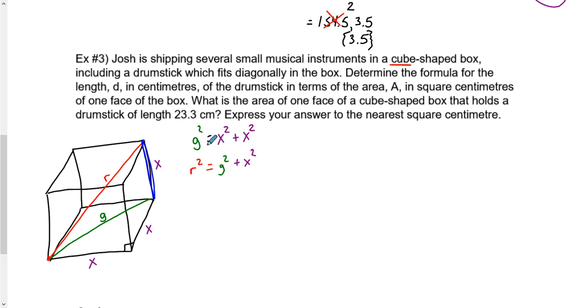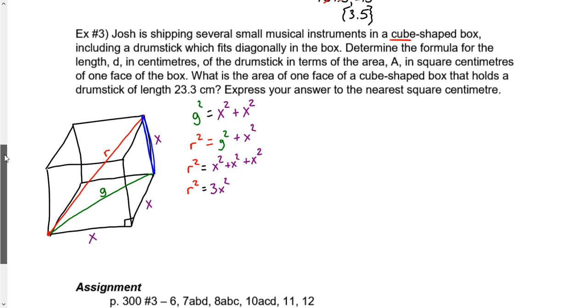Well, since g squared is already x squared plus x squared, r squared would actually be x squared plus another x squared plus another x squared. So r squared would equal 3 x squareds. 1, 2, 3. Since we already know exactly what that length is, 23.3, we can finish off the rest of our work.